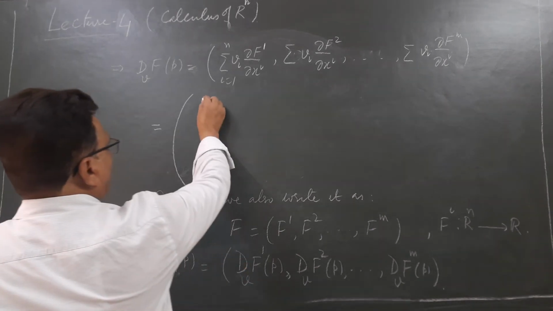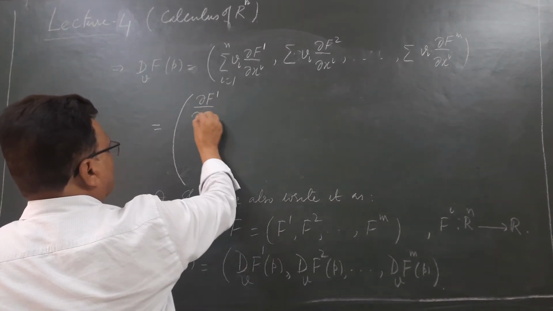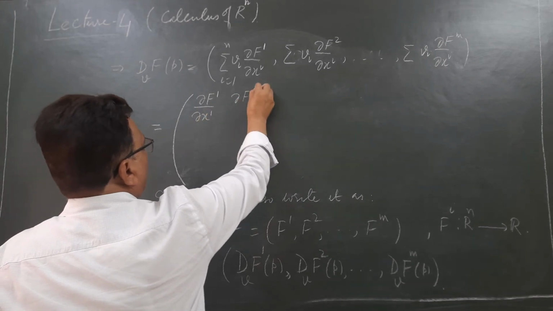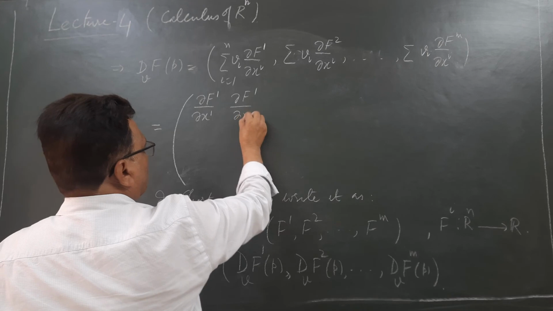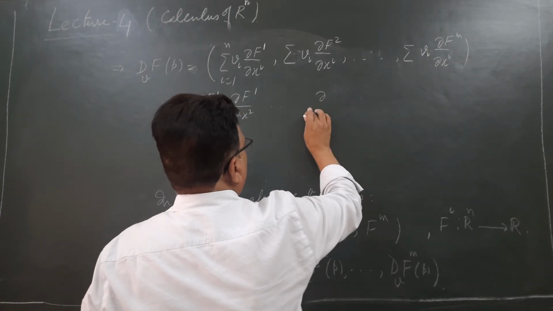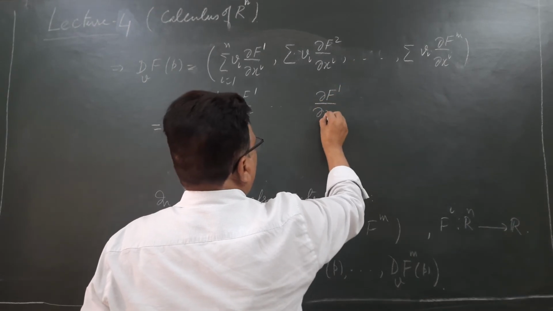I will write del F1 upon del x1, del F1 upon del x2, and the last entry of the row is del F1 upon del xn.